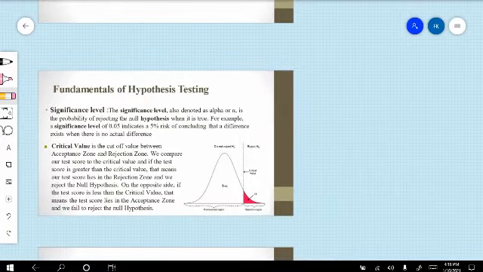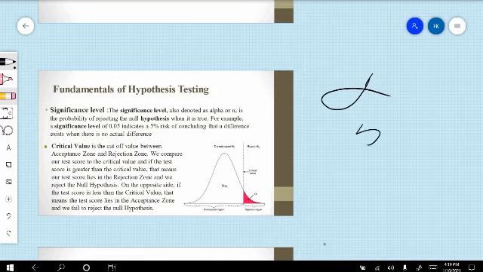Significance level and critical value. Significance level is also the other name for alpha error. Significance level means alpha error, type 1 error, rejecting the null hypothesis when it is true. Usually we use either 5%, 0.05, which is the commonest one, or 0.1.